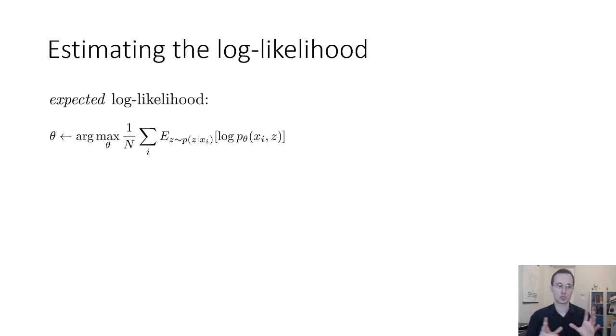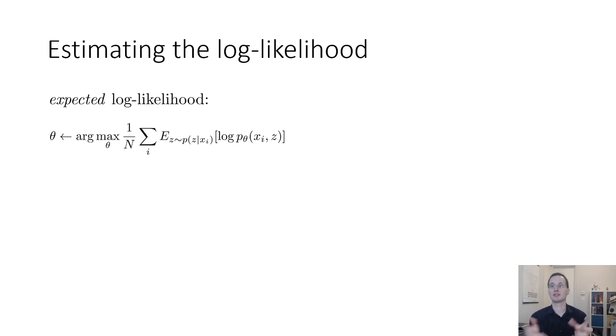Now that's the intuition. Of course, in reality, P of z given xi is a distribution, meaning that we don't know exactly which individual z goes with which xi, but we can guess the probability of different z's. So what we have to do is we have to actually average over all those possibilities, and that's what an expected value does.